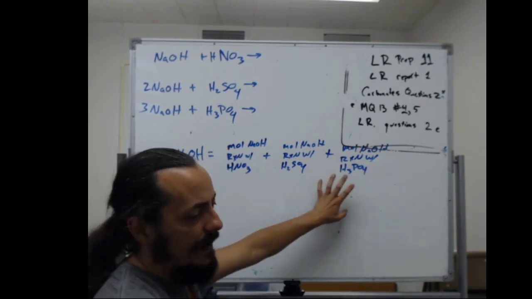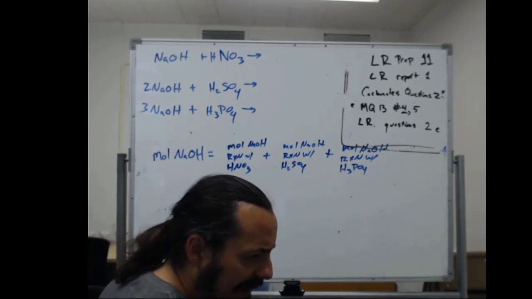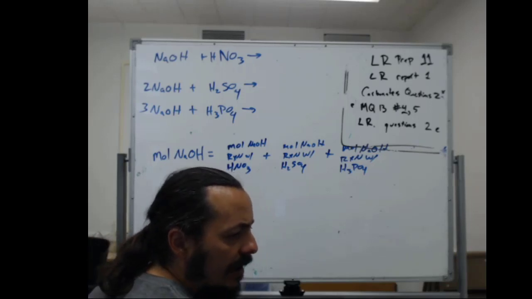And for these 3 things, we know the volumes and we know the molarity. So I'm going to set this up in a kind of how I think about it type way.